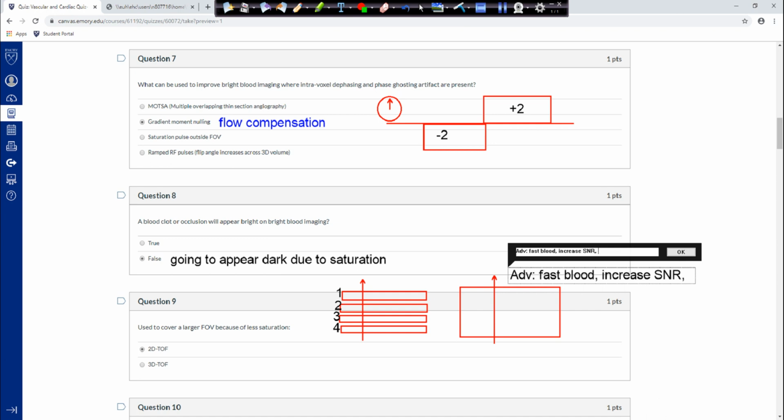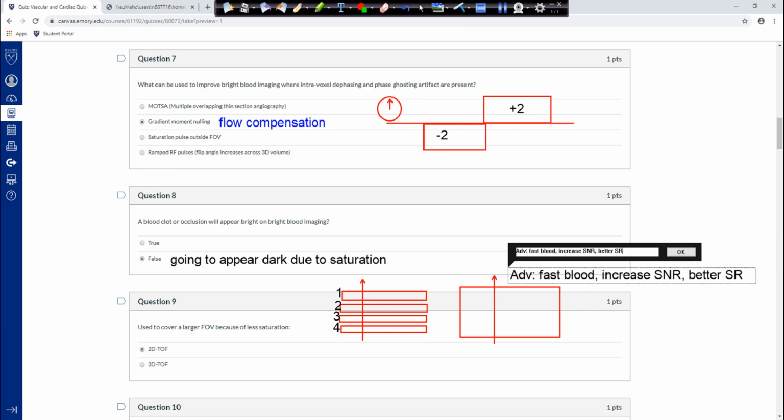And it gives us better spatial resolution. Because on a 3D slab we can typically get a slice thickness of less than 1 millimeter, which is really good resolution. We're not concerned about that cross-excitation artifact where we need the gaps.